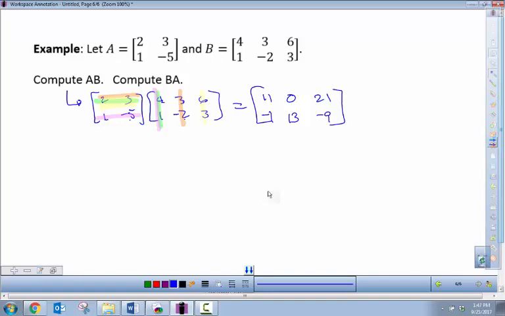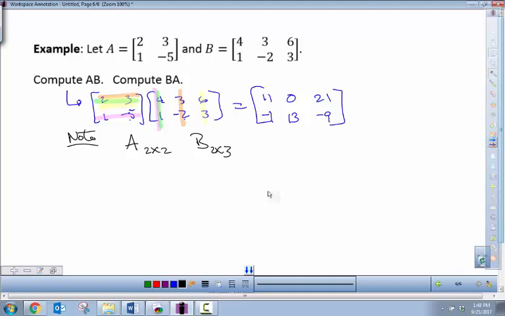So there's another interesting development that we should examine here. A is a 2 by 2 matrix, and B is a 2 by 3 matrix, right?